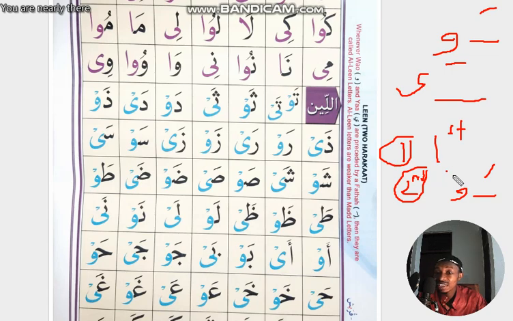Then we recite it by 2, 4, or 6 harakats. For the first situation, we read it only by 2 harakats. Now let's see this practically.